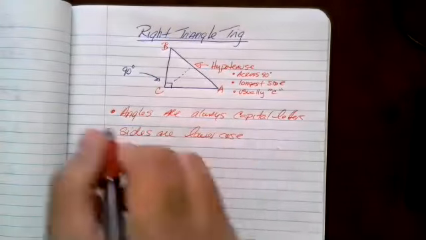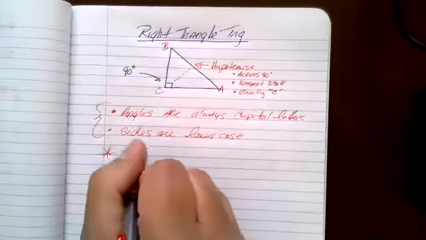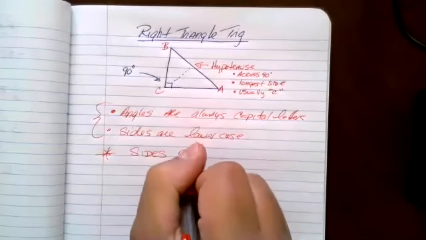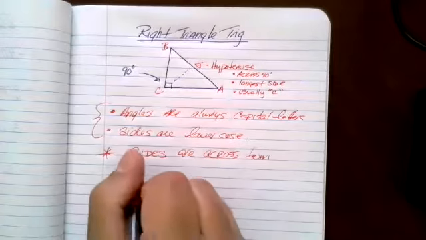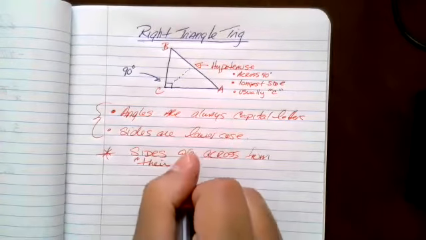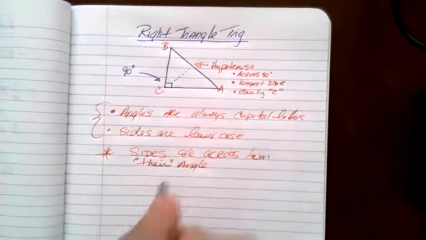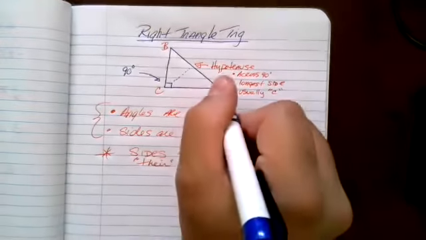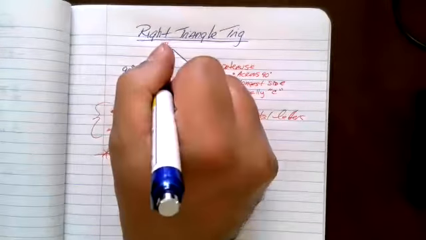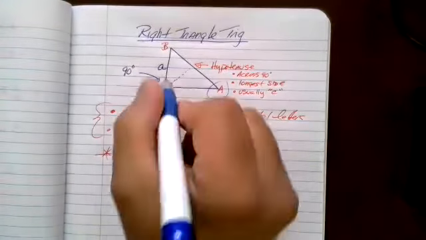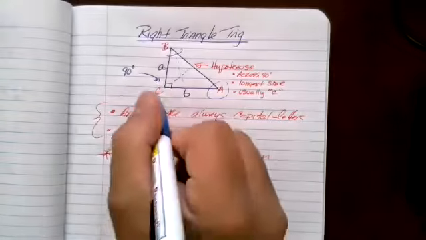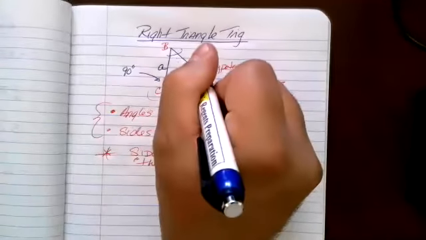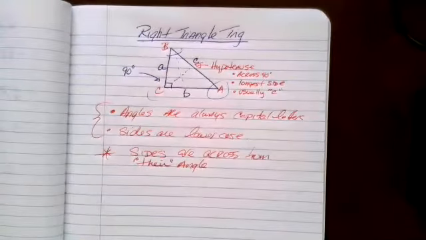And your sides, most importantly, are across from or opposite from their angle. So if this is angle A, then side A is over there. If this is angle B, then side B is over there. If this is angle C, then side C is over there. So angles are always opposite their sides.